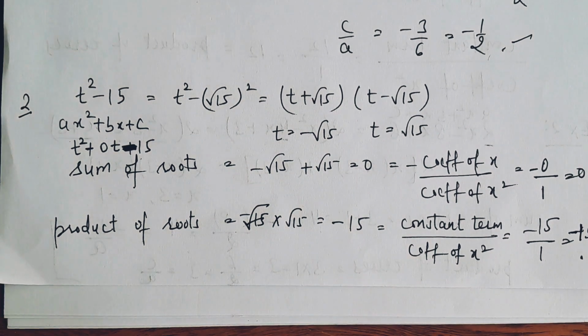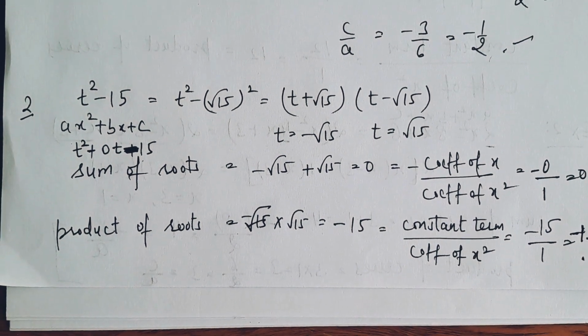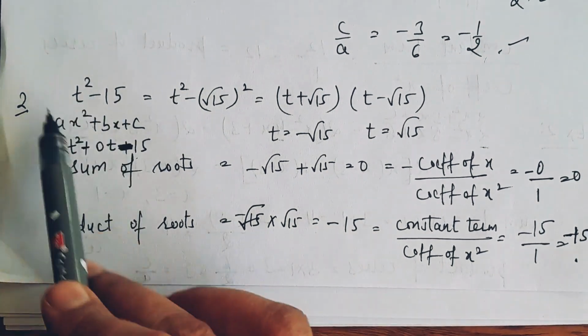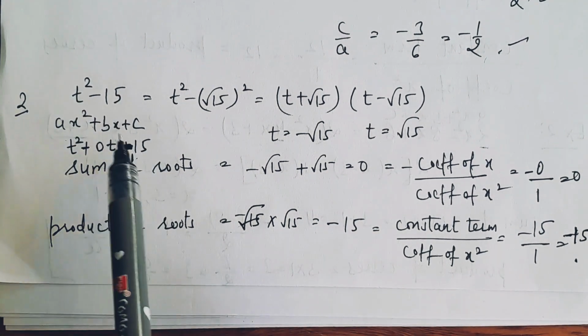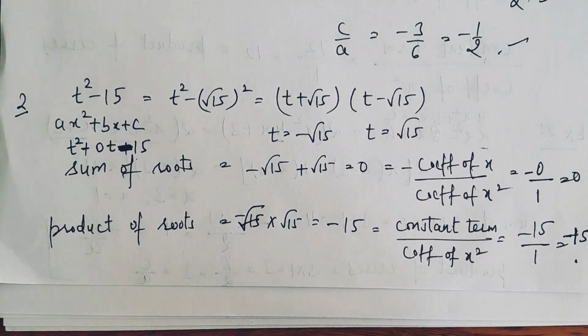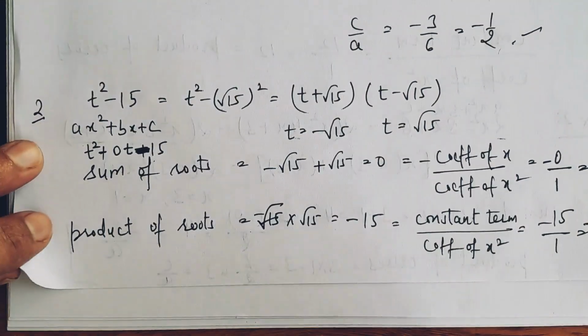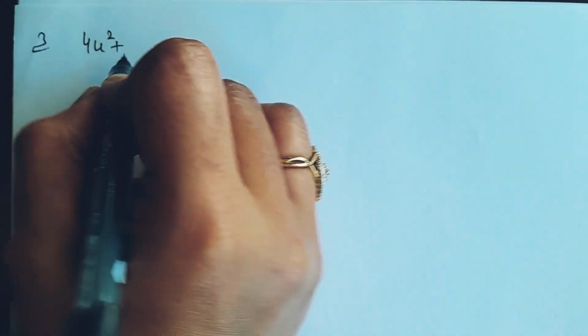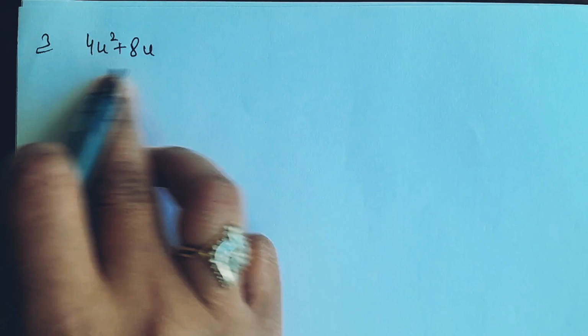Similarly, we can do other examples of this topic also. If any of the terms is missing, we have to compare it with the general polynomial. If any of the terms is missing, we will take the coefficient of that term equal to 0. Suppose it is given to us 4u square plus 8u. Now here the constant term is not given.